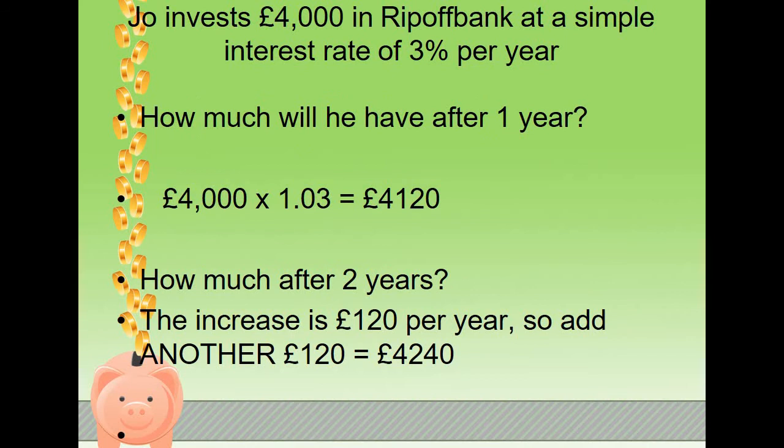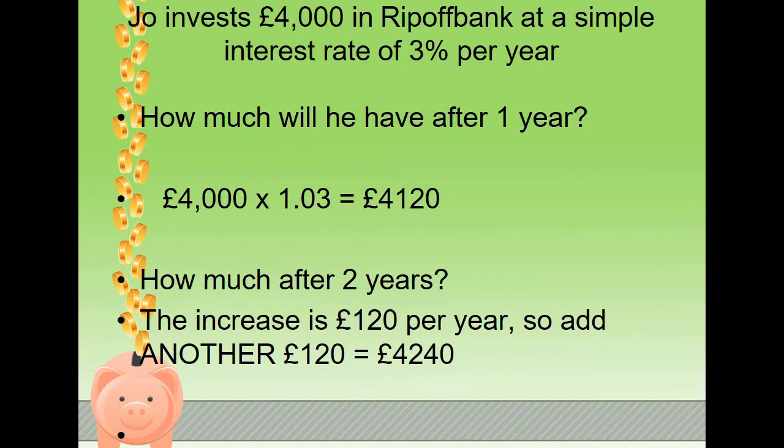So another example, Joe invests £4,000 in Rip-Off Bank at a simple interest rate of 3% per year. How much will he have after 1 year? So we've added 3% onto 100, divided by 100 to turn it into a decimal, and we multiply by 4,000. So 4,000 multiplied by 1.03 gives us the amount that he'll have at the end of the year.